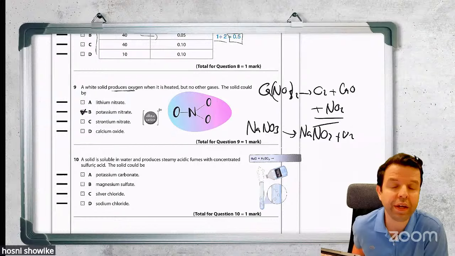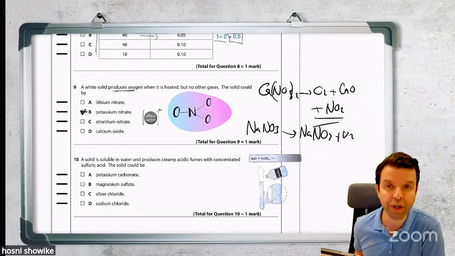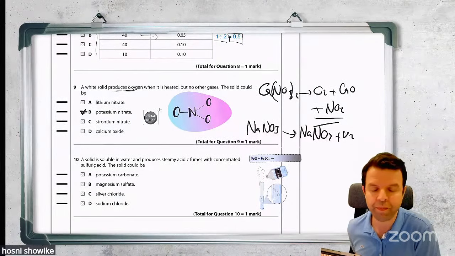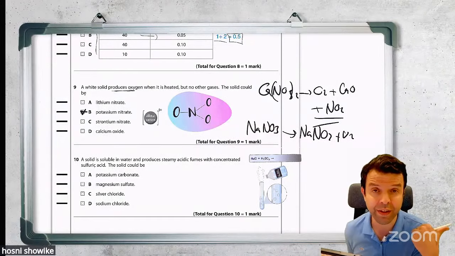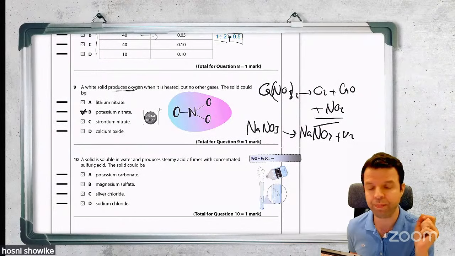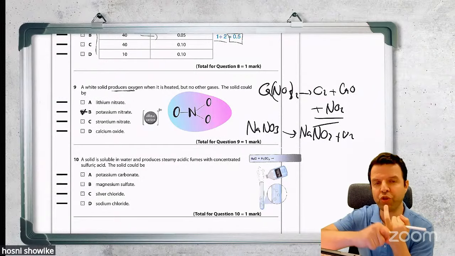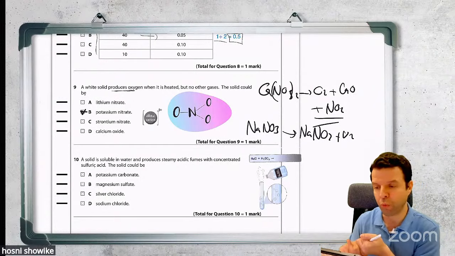You just have to pick any member of group 1, with the exception of lithium. Why not lithium? I'm not going to pick lithium because lithium behaves just like group 2 when it comes to its thermal stability. So all decomposition of lithium compounds is going to be just like members of group 2.